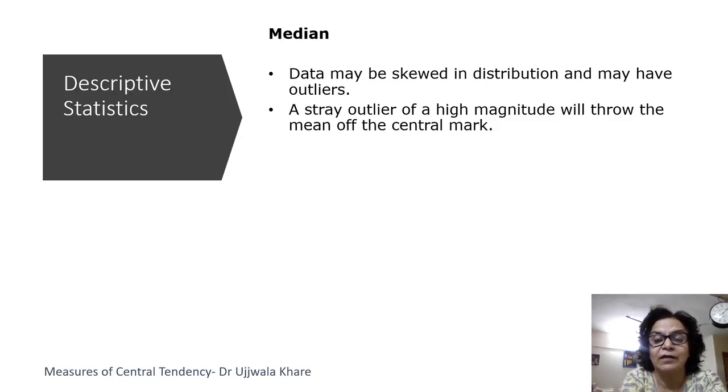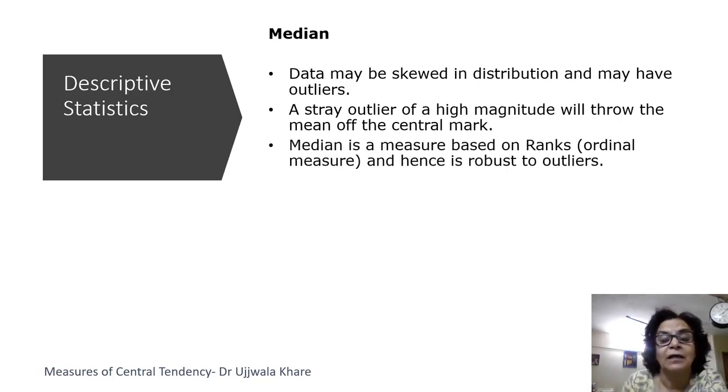So 500 is very far away from the first value, that is 5. So the average will be around 100 plus. So this average of 120 or 117, whatever you get, will be representing the lowermost value and the highermost value. So that is the meaning of outlier.